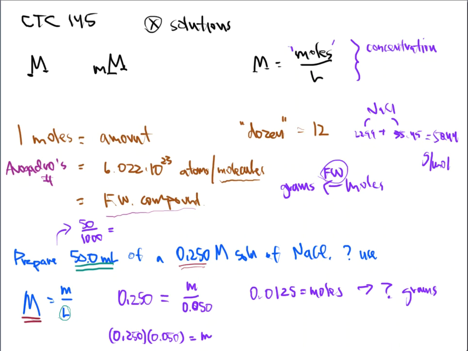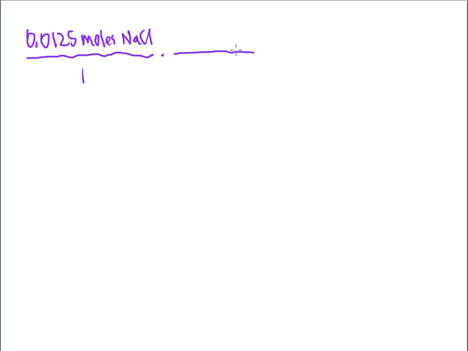All right, so I'm going to clear this out. 0.0125. I want you to remember that number because we're getting ready to use it again. And I have 0.0125 moles of sodium chloride. Right, and I'm going to set up a dimensional analysis problem. I'm going to put that over 1. Then I'm going to bring in another step.